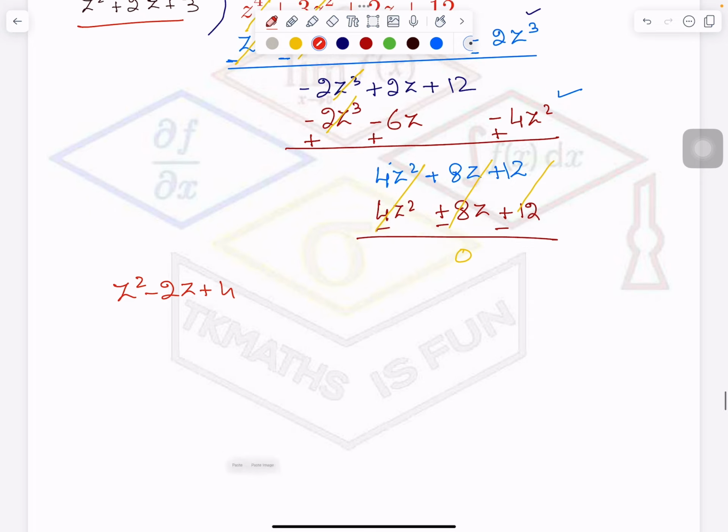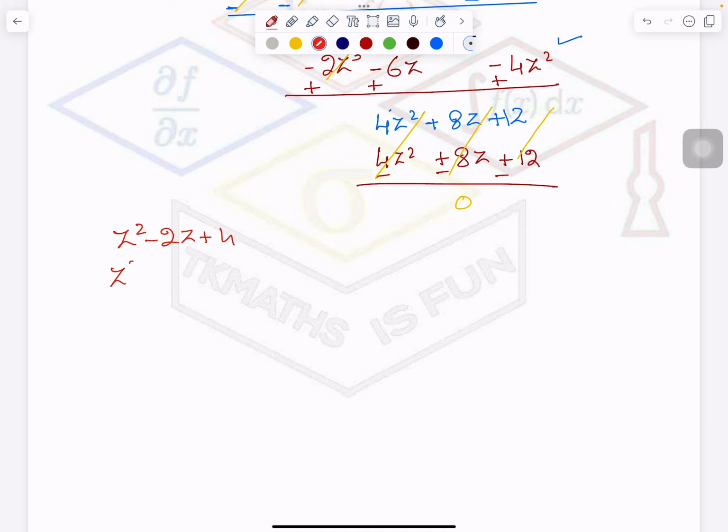If somebody has confusion, let me show you. If I try to do it by that method, 4 times 1 is 4, and 2 twos are 4. Let me do it slowly so that you can understand.